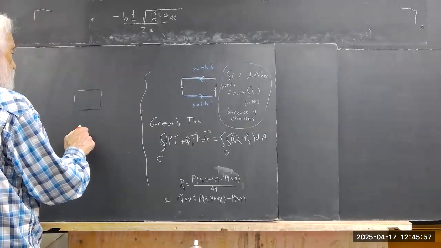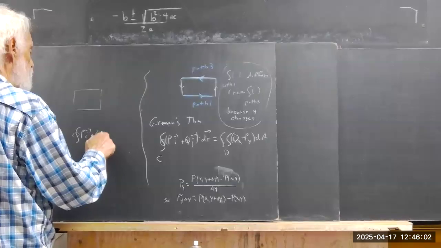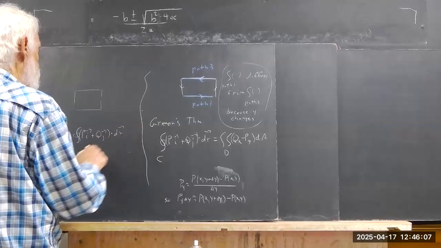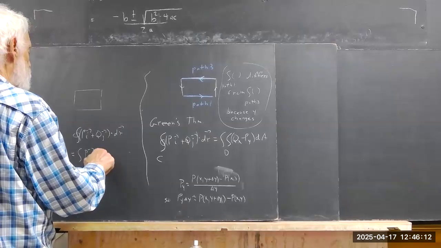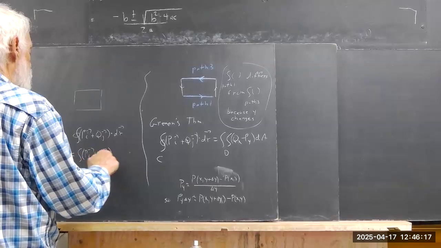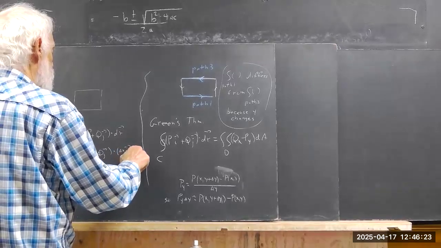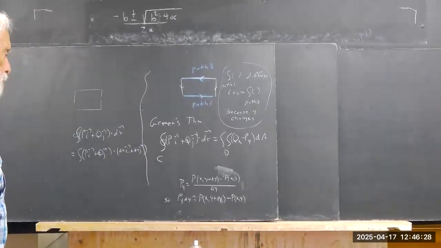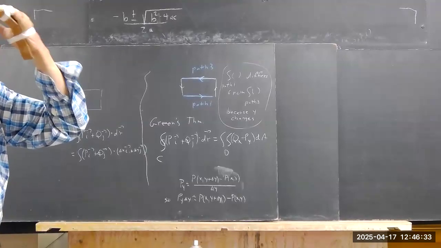Okay. We could write our dr as a delta x i plus a delta y j at any given point.